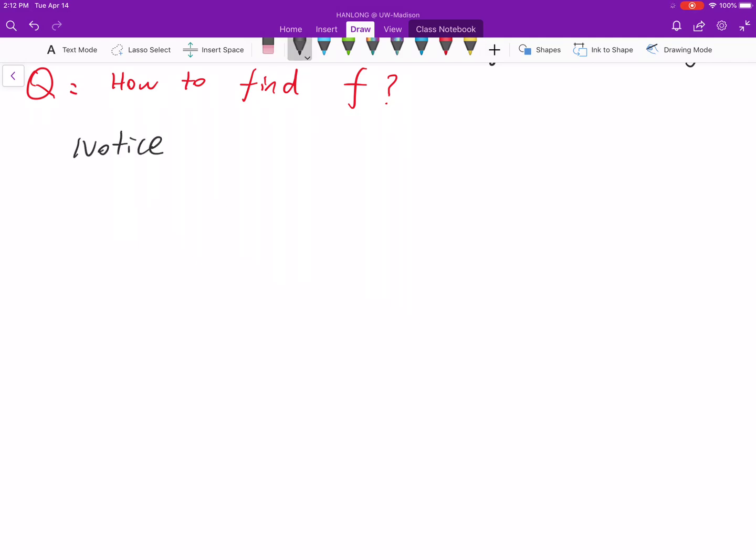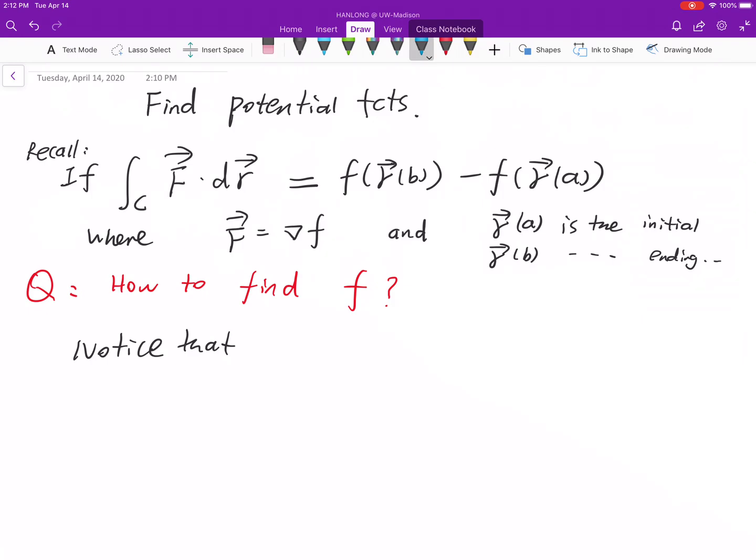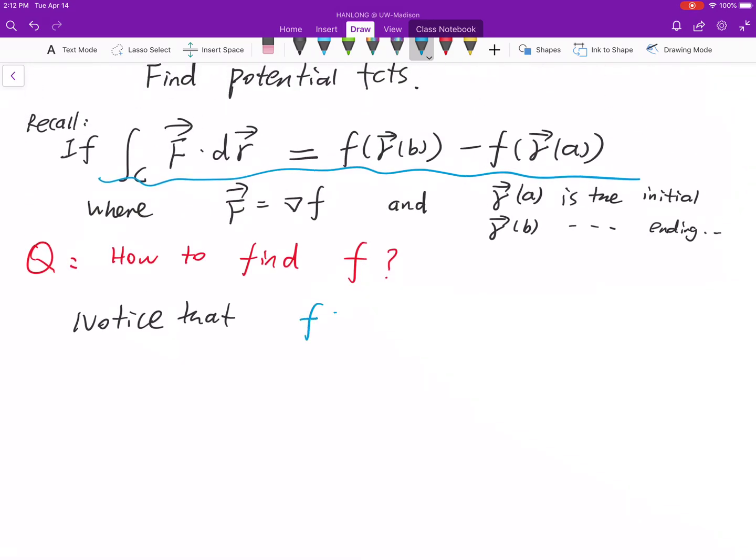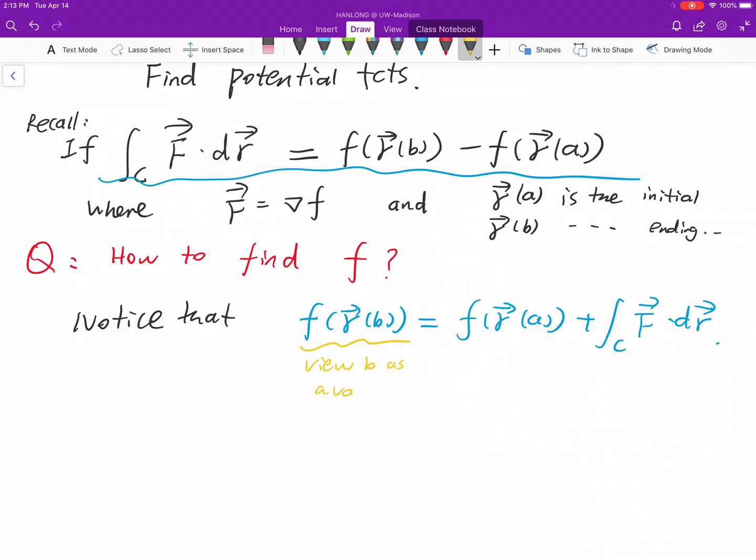Okay, so first recall, notice that if we change this formula a little bit, you can rewrite it: f(gamma b) is f(gamma a) plus the integration of F times dr. Therefore, if we view b as a variable, and on this side we view a as a constant, then you have the formula.